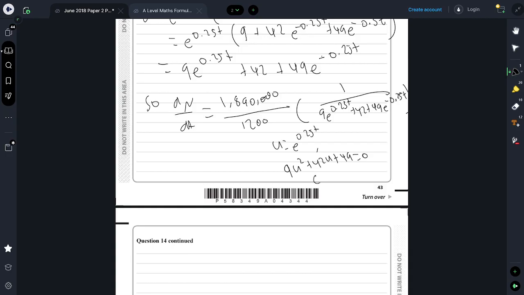And that simplifies to 9 times (u plus 7 over 3) squared.